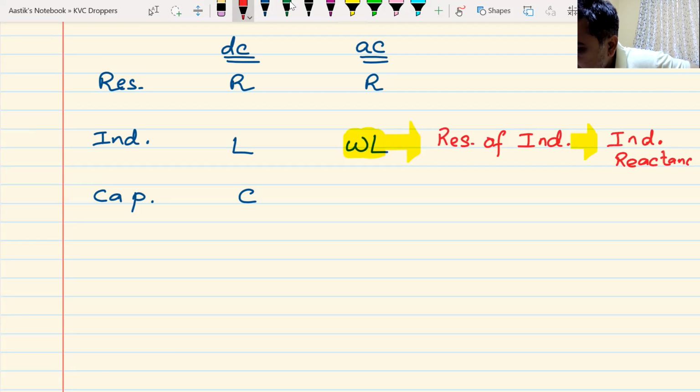If you multiply omega with L, it will give you the resistance of the inductor in an AC circuit, and we write it as inductive reactance. Am I clear?